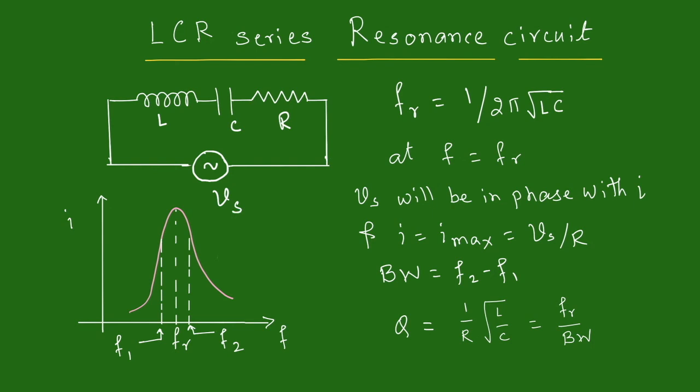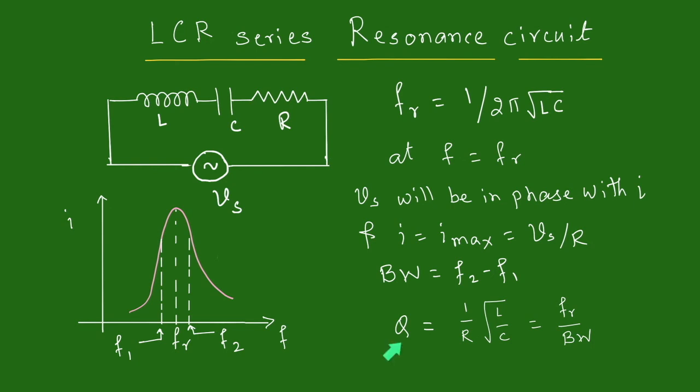At the input signal frequency equal to the resonant frequency, the supply voltage Vs will be in phase with current I in the circuit. This current will have maximum value at the resonant frequency, and that value will be equal to Vs upon R. Bandwidth of this circuit is given as F2 minus F1, where F2 and F1 are the upper and lower cutoff frequencies, that is the frequencies corresponding to half power points of the circuit.